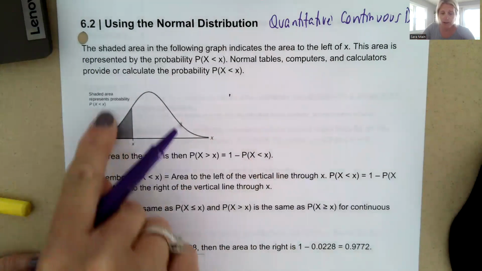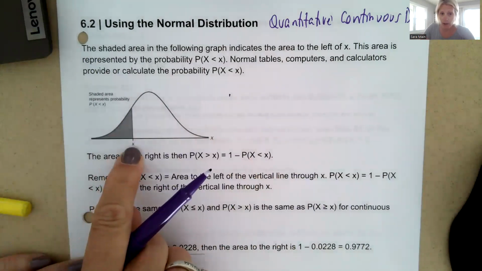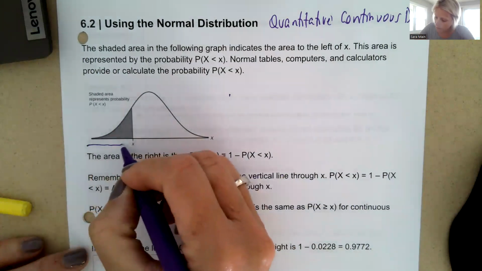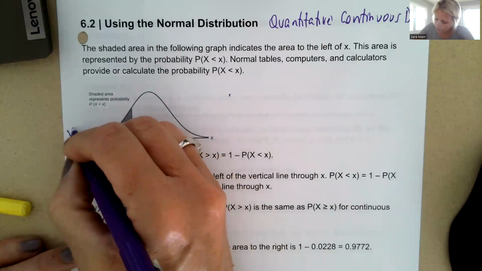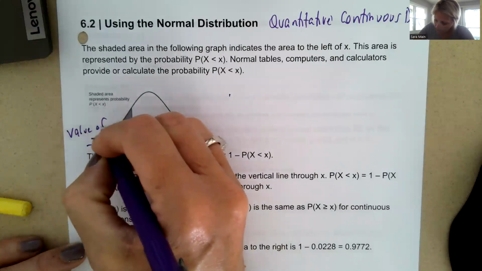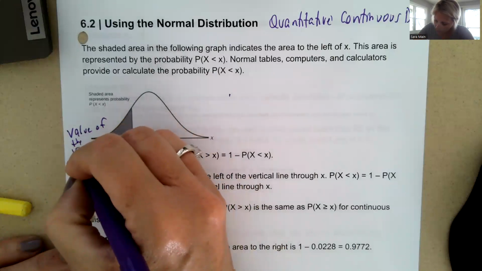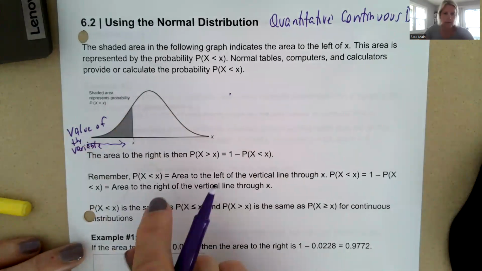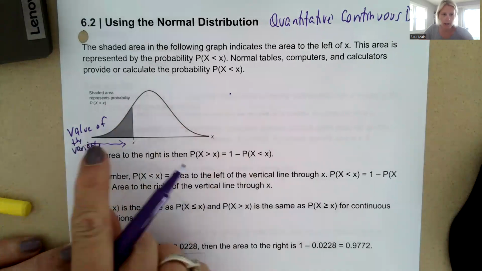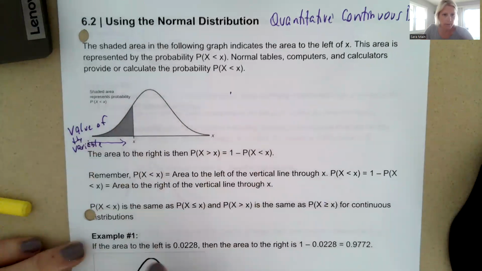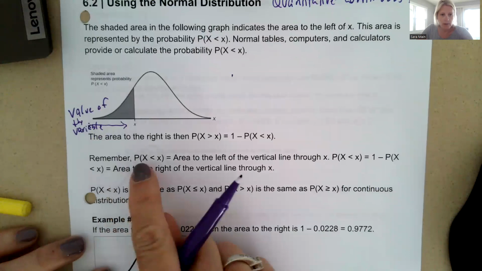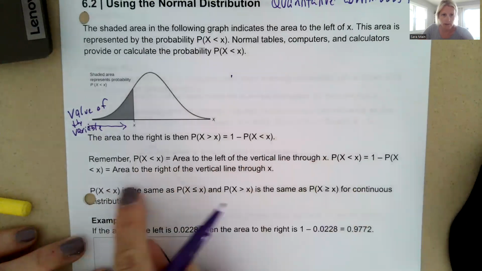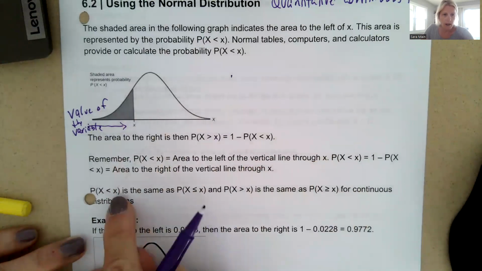So to the left is less than this x value on the bottom, and to the right is greater than this x value. And this is a value of a variable, whatever our variable is that we're talking about. Okay. And values of x always go like a number line, smallest on the left and largest on the right. So remember that the probability of x less than x equals the area to the left of the vertical line through x. Okay, and so we just talked about that.